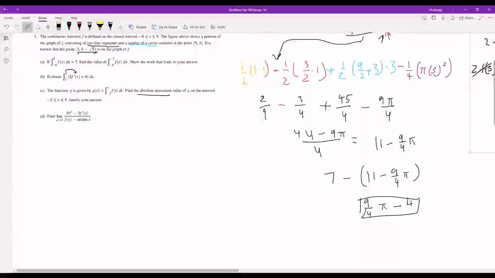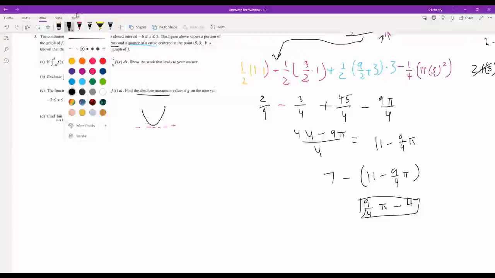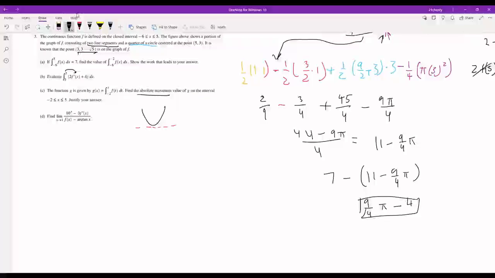Absolute max means we are going to find the derivative, because the derivative when there's an absolute max or an absolute min is 0, right? So we find the derivative here and set it equal to 0 to find all the possible absolute maxes.